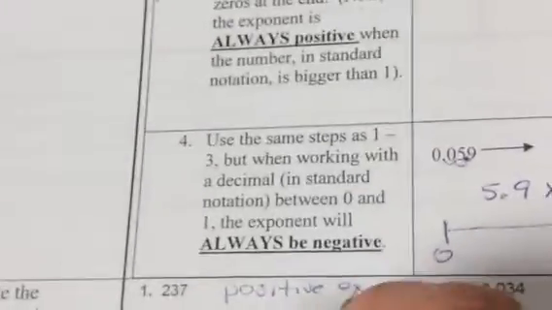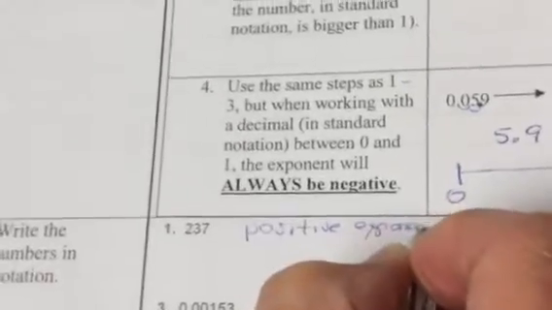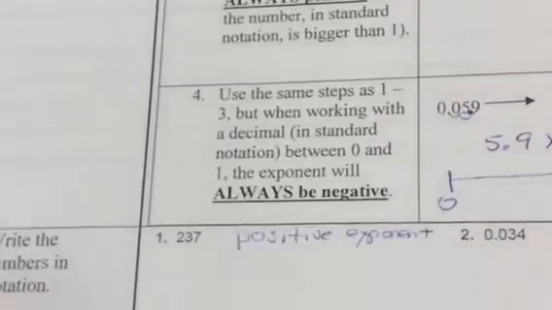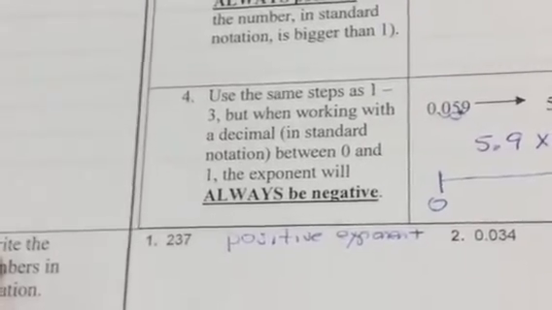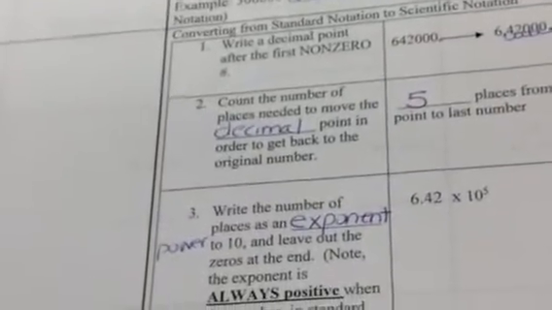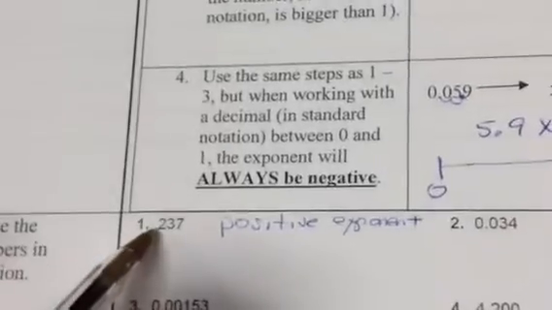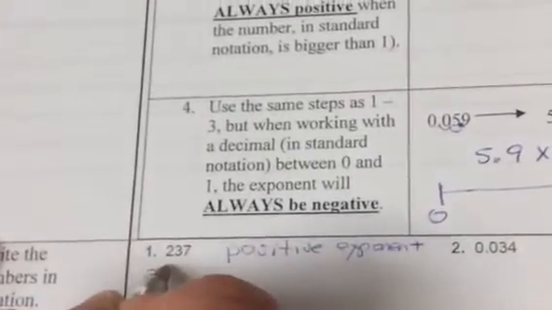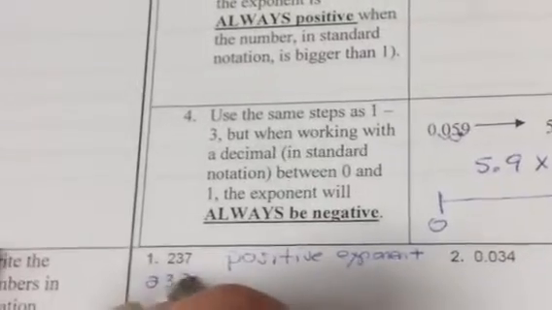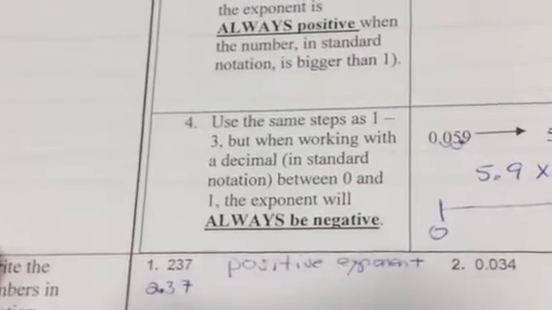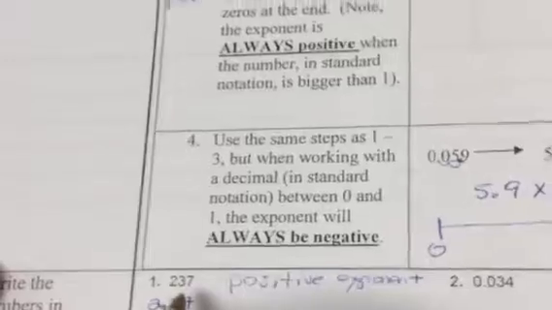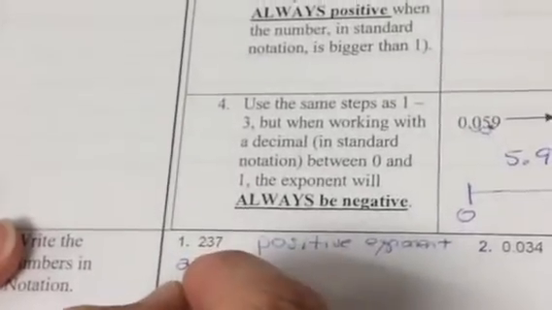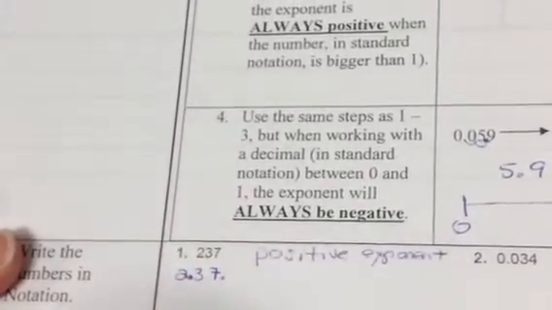So in this situation, we're looking for the first non-zero number. The first non-zero number is 2. So we need to move that decimal in between the 2 and the 3. Right now, currently, the decimal, because this is a large number, is behind the 7.